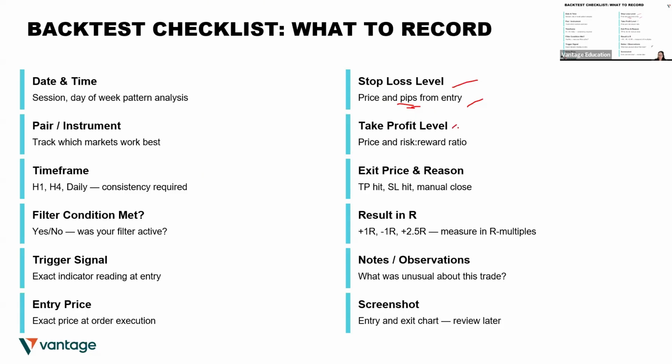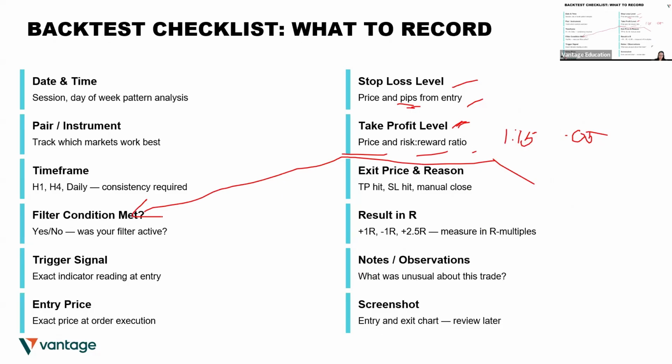Take profit level. You have to record that as well: price, risk, and reward. Let's say you aim for 1 to 1.5, but that day you don't even hit 1 to 1, you hit only 0.5. You record that. Why?